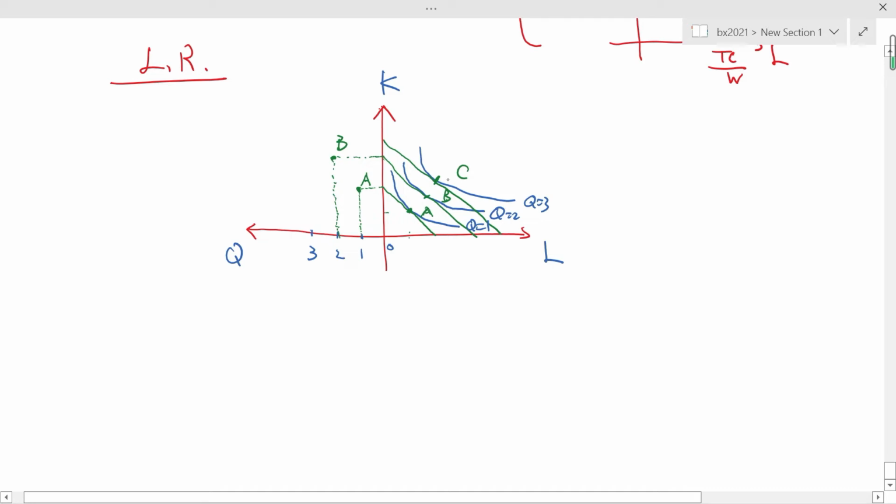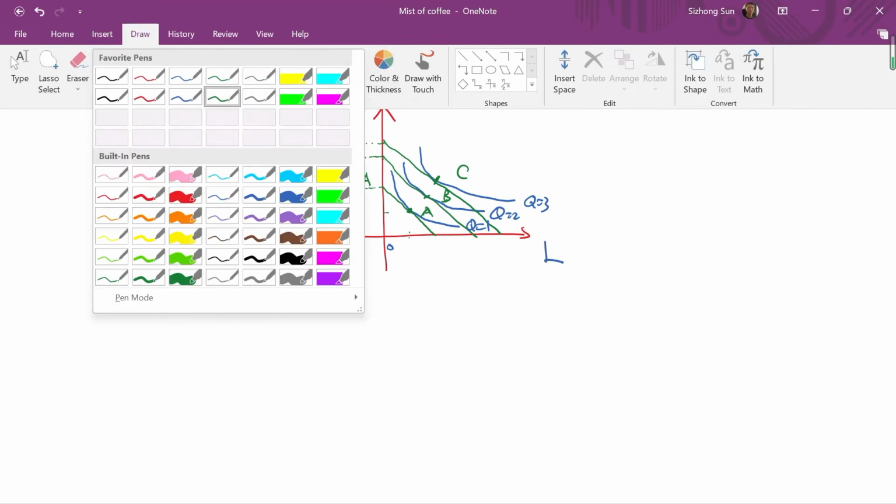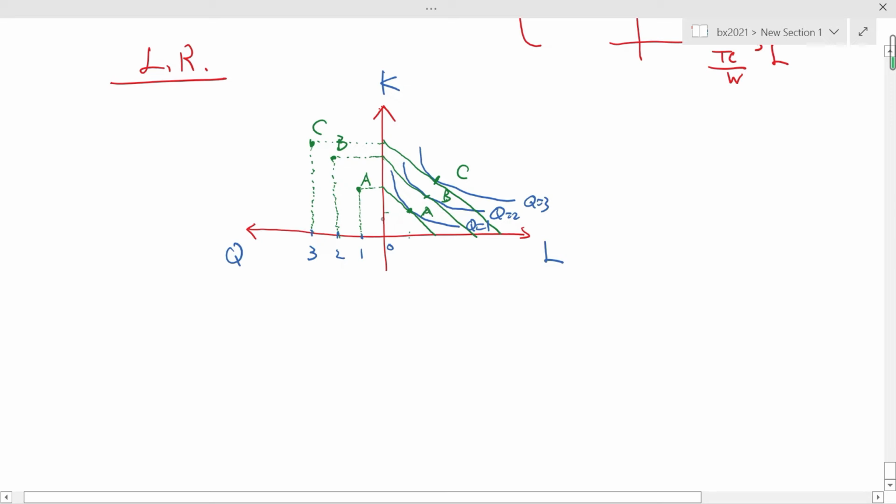So I can get a point C, going from quantity 3 up. Okay, keep repeating this exercise many times, so we get all these points. In the end, we can link these points together.